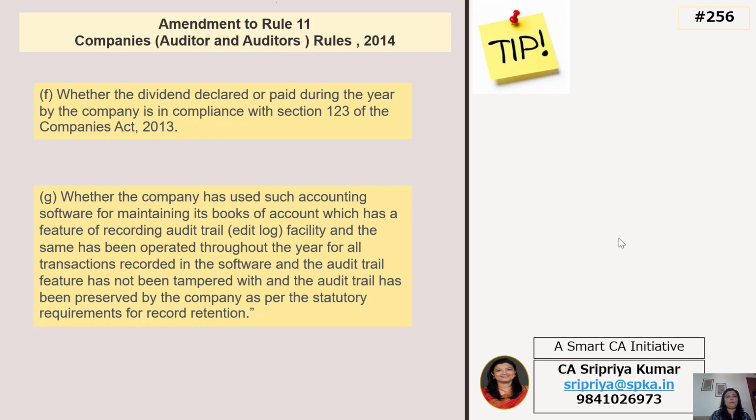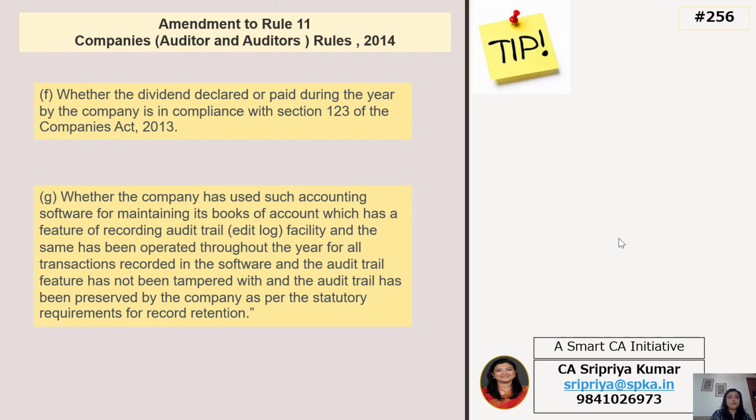The next change seems fairly straightforward: whether the dividend declared or paid during the year by the company is in compliance with section 123. And the last change is whether the company has used accounting software. You may have seen my earlier video where companies have now been mandated to have software which will contain undeletable audit trails or audit logs.